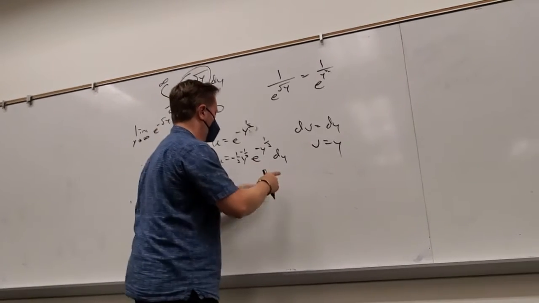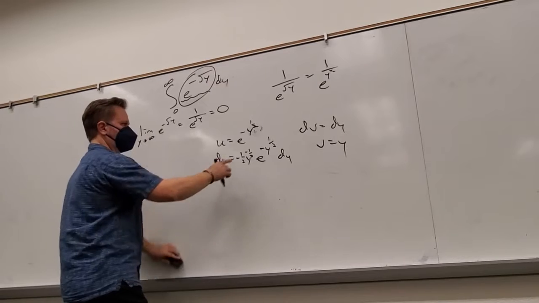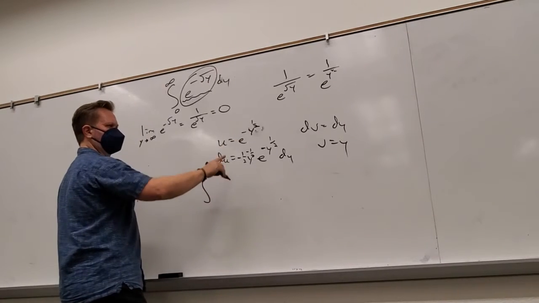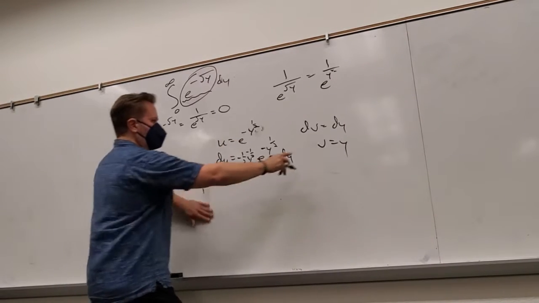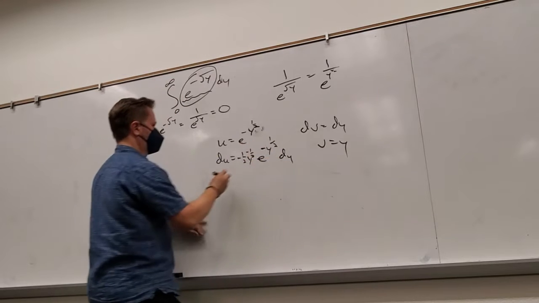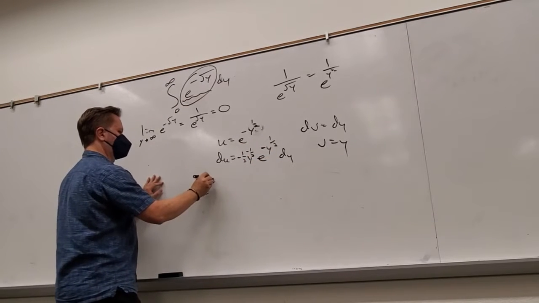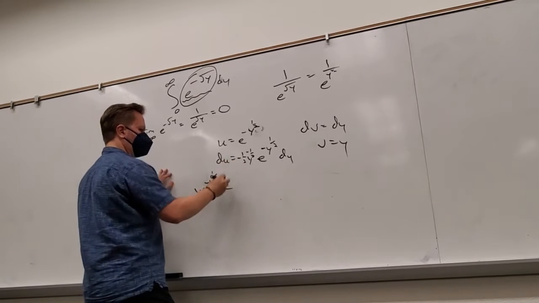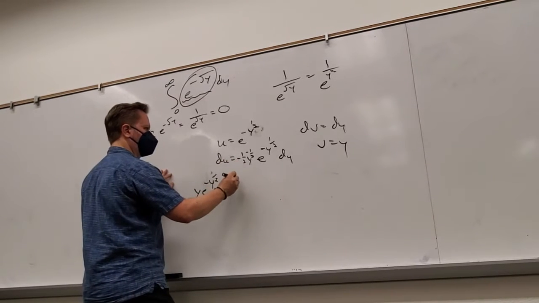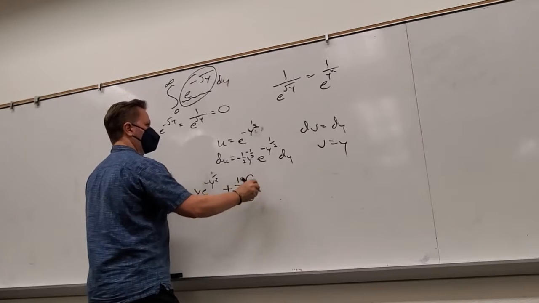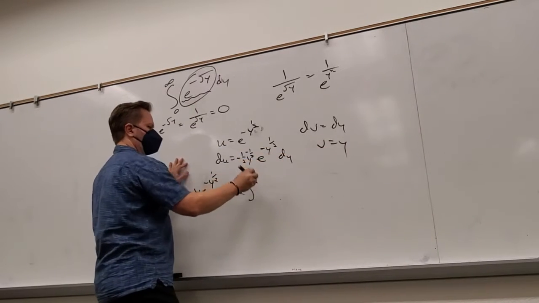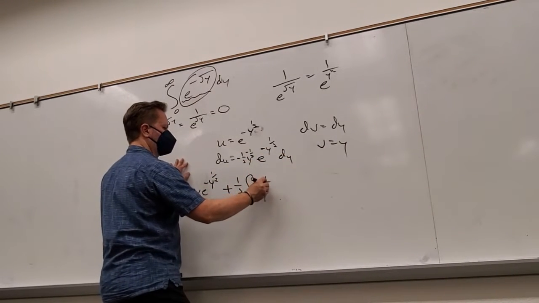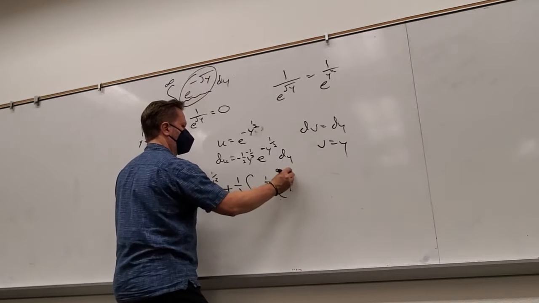But this is getting pretty gross, right? This would be uv minus the integral of v du, so there's a negative there, so it'd be plus y times y to the negative 1/2 is y to the 1/2, e to the negative y to the 1/2.